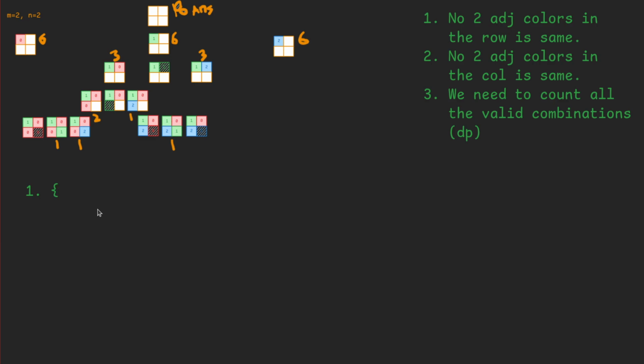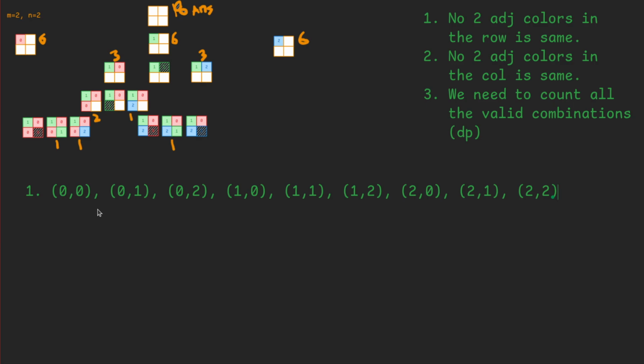We have all the possible ways here: 0 comma 0, 0 comma 1, 0 comma 2, 1 comma 0, 1 comma 1, 1 comma 2, and then we have 2 comma 0, 2 comma 1, and 2 comma 2.